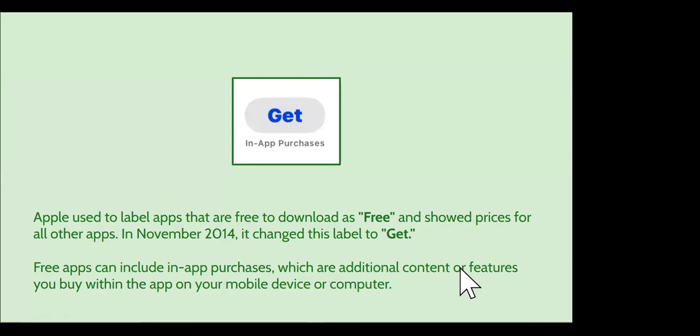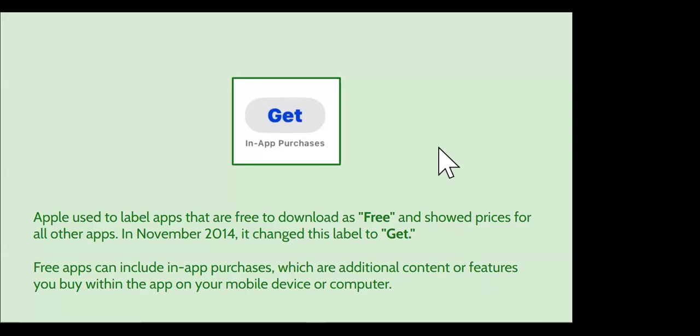Now, if you don't know what these are, it's the ability for you to purchase additional content or features within the application on your mobile device or your computer. So you can use the application for free, but there might be features that are not available for you as a free user. But if you want to purchase those features, you can purchase in-app functions. That's what it means. I hope that makes sense.